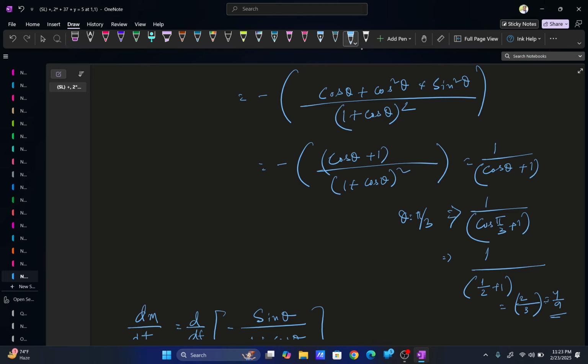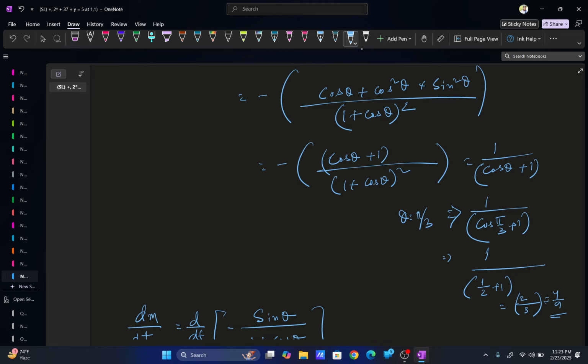And for this case, when we put the value of theta, then we get the answer minus 2k by 3. Okay, and then we go for the last question.